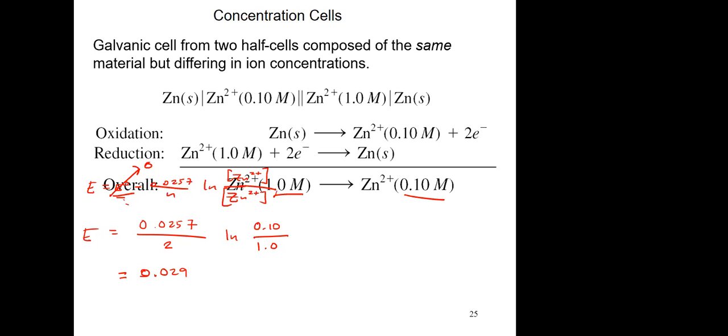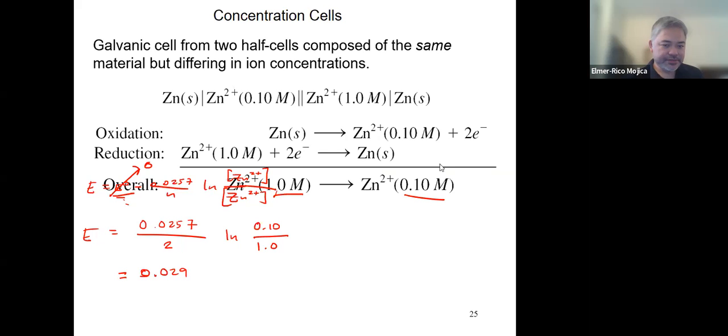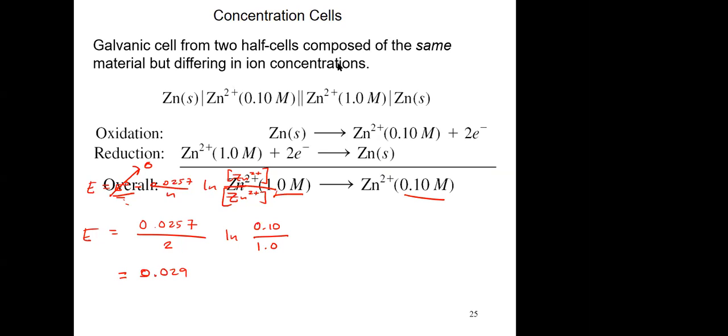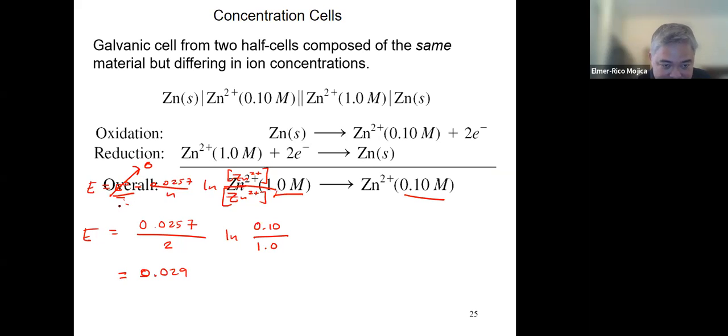I got it as a negative as well. Really? This should give you a positive. No, I think I forgot, because this is an E minus, right? There should be a negative on that.